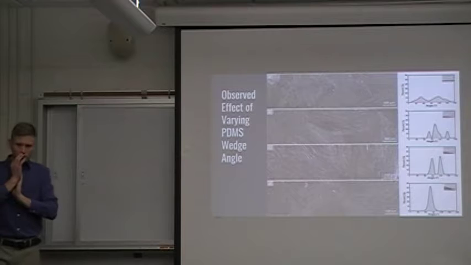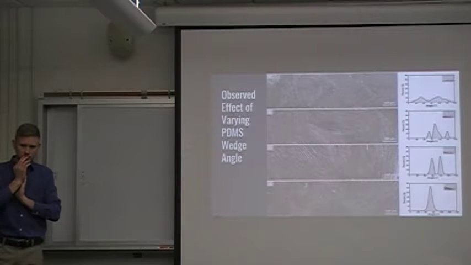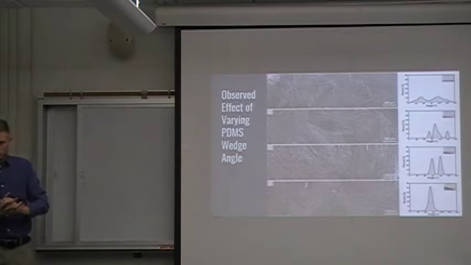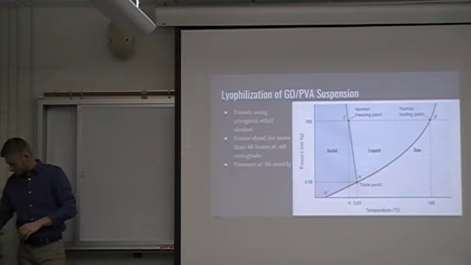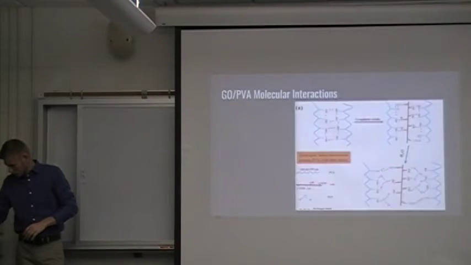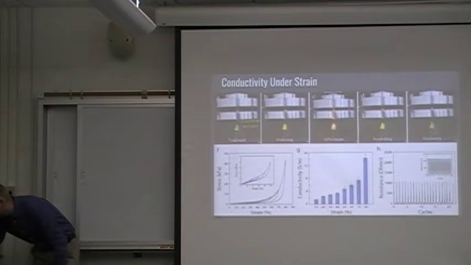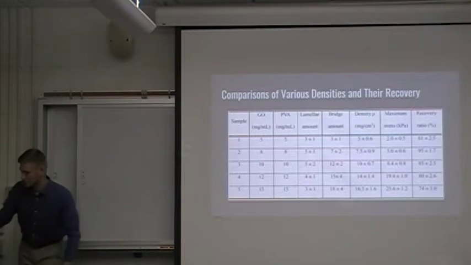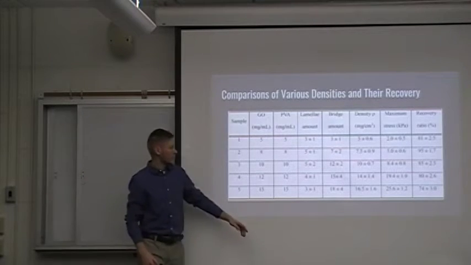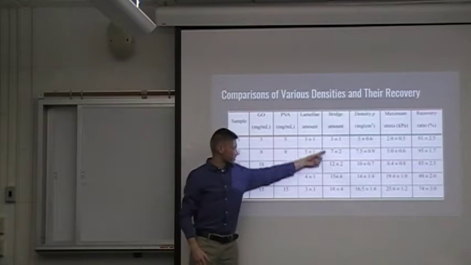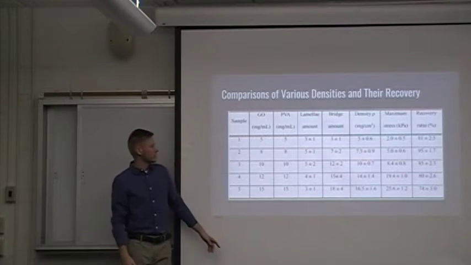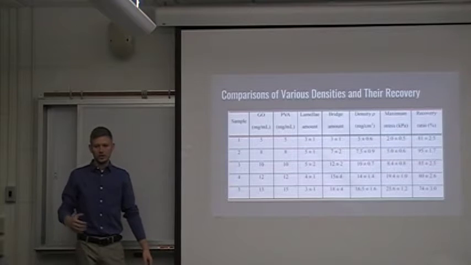Oh, so the PVA to the GO ratio is what determines how many lamellae there are? Or go forward in some of the pictures where you have the comparisons. Or maybe there's a table, right here. Okay. So the bridges naturally increase as the density of the sample goes up.